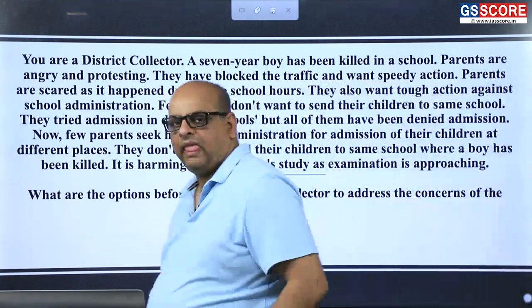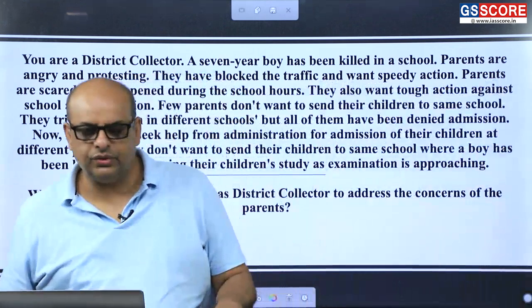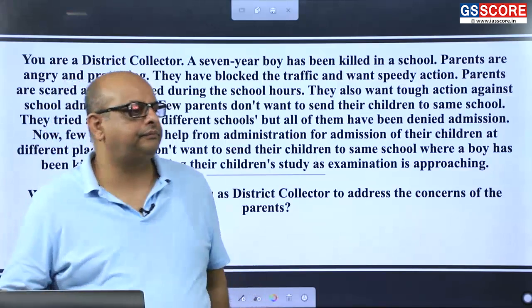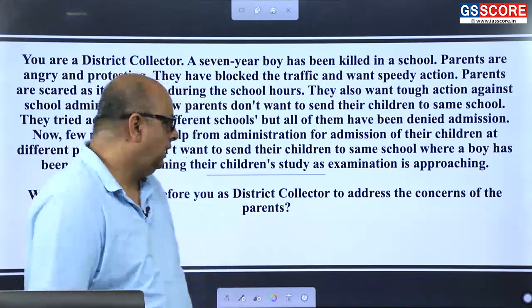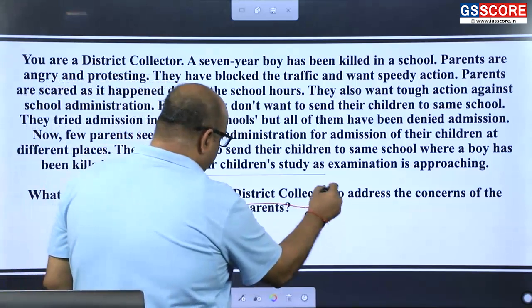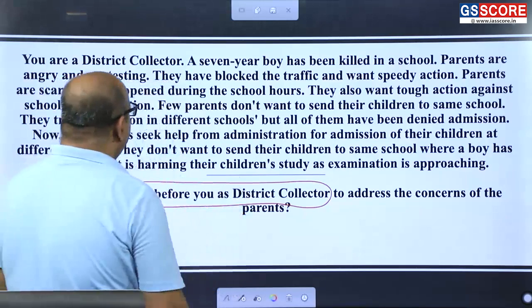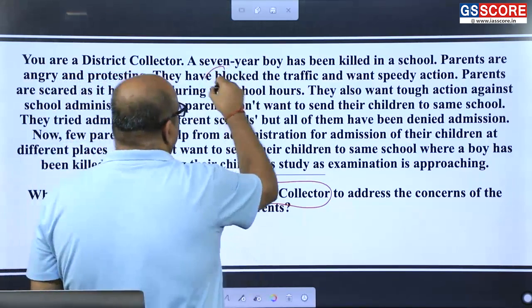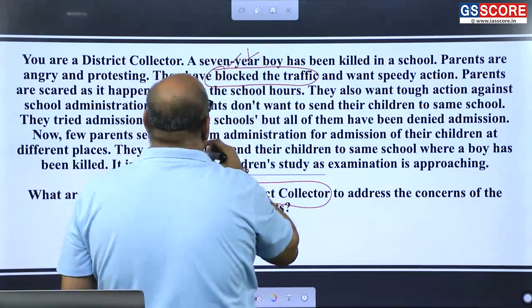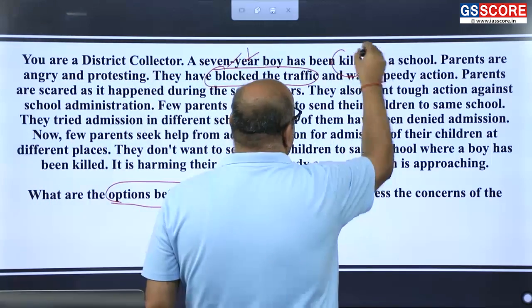Fine. Again, this has happened in one school. I have framed this case from there itself. Very unfortunate case. But then again, as a district collector, what are the options? So they have blocked the traffic. Number one, a 7-year-old boy has been killed.